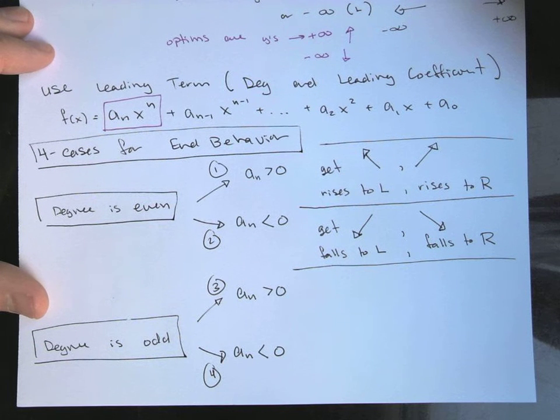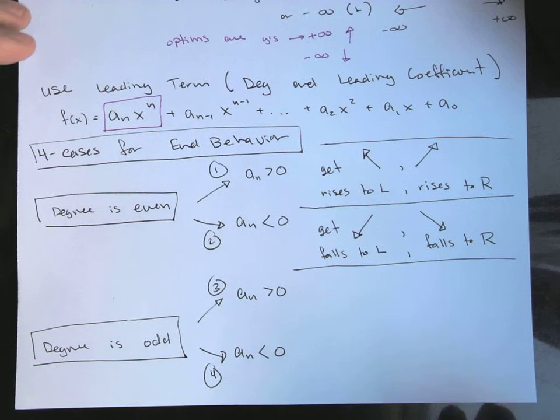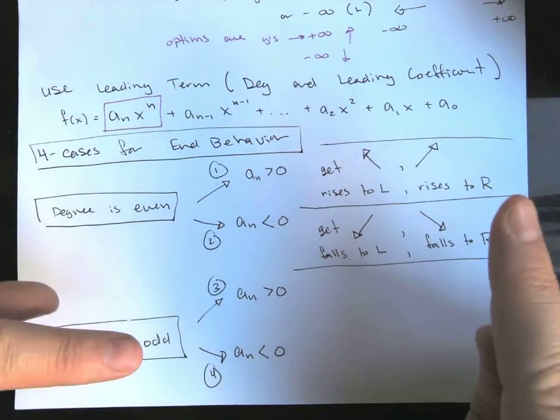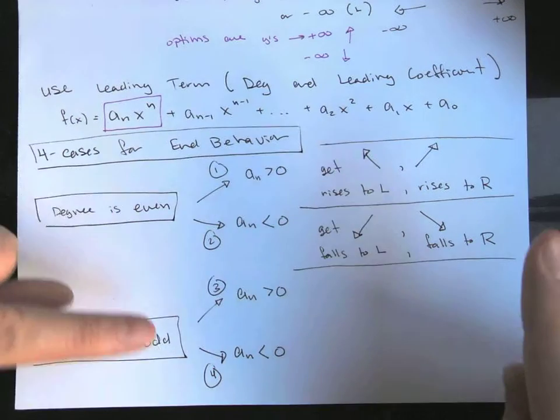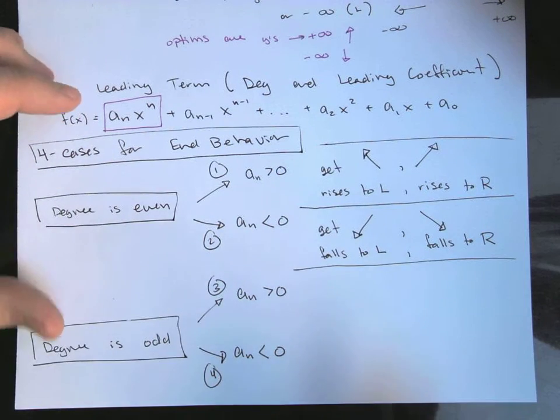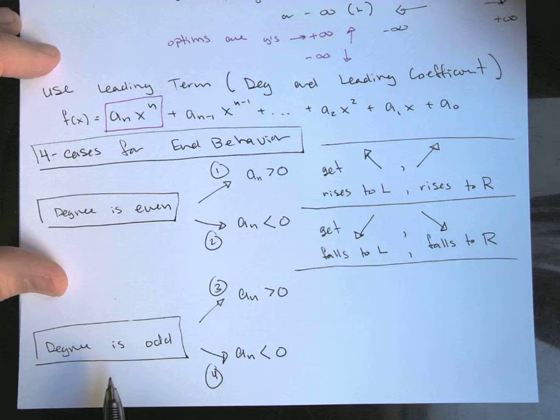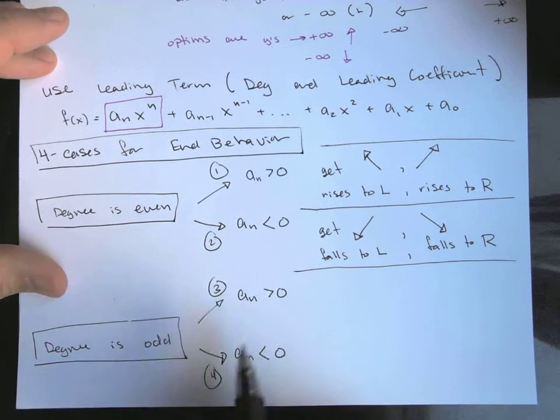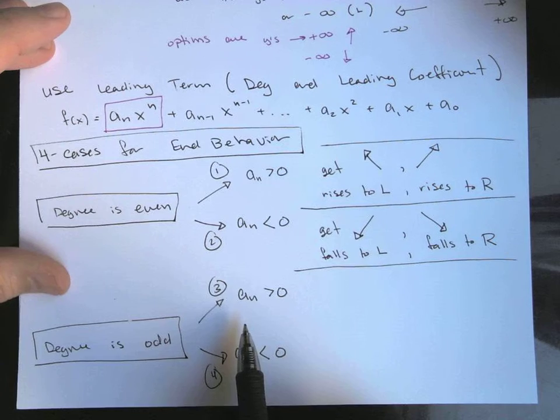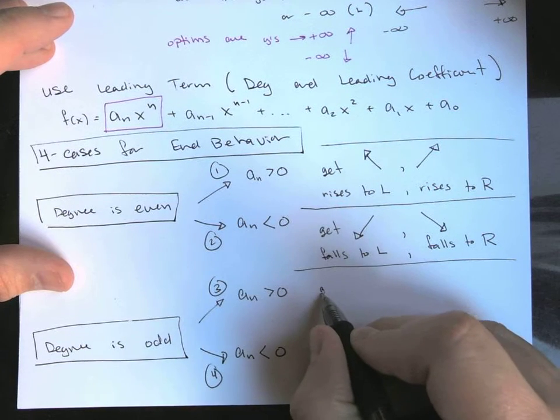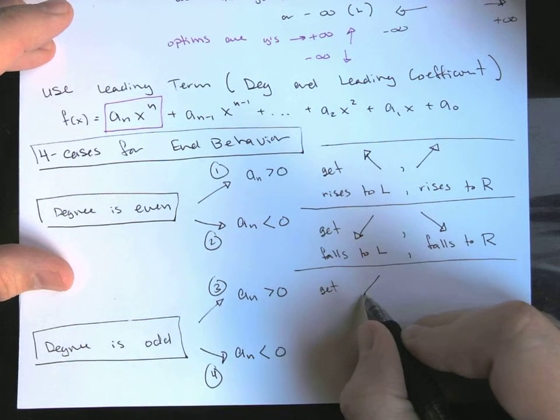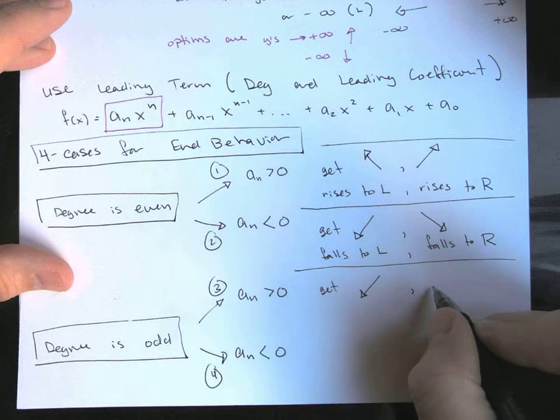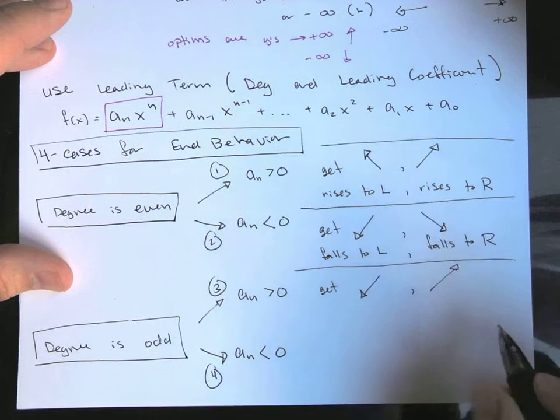If the degree is odd, what happens now is instead of your left and right behavior agreeing and moving in the same direction, they disagree and move in opposite directions. So either one falls and the other rises, or vice versa. If the degree is odd, if the highest power is 1, 3, 5, 7, and so on, and the coefficient is positive, you're going to get a drop to the left and a rise to the right.